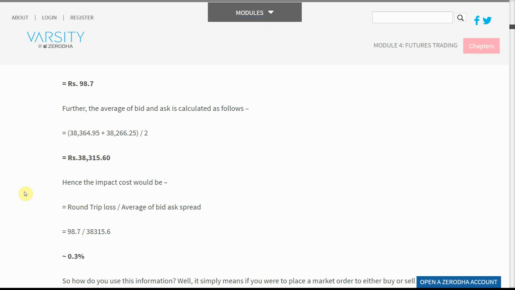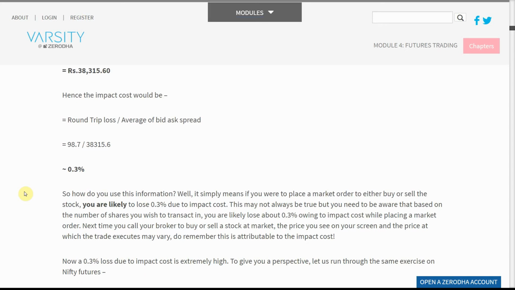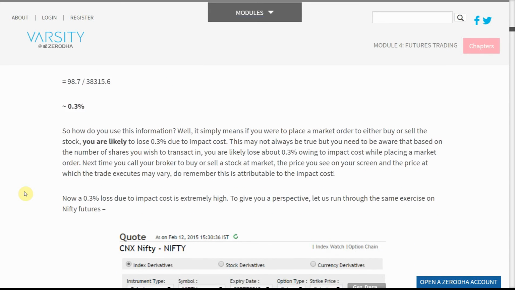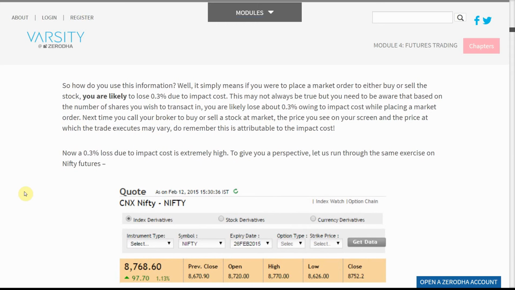Hence, the impact cost would be equal to the round trip loss divided by the average of bid and ask, which is 98.7 divided by 38,315.6, approximately 0.3%. So how do you use this information?